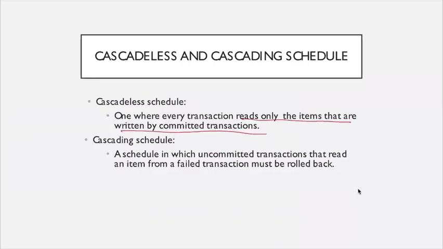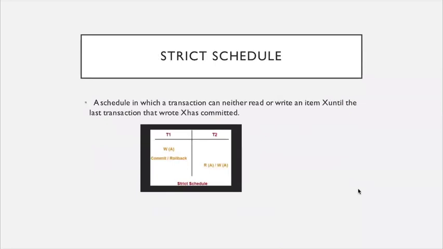We want cascadeless schedules. And finally, let us look at something which is known as a strict schedule. So first we had this hierarchy: recoverable and non-recoverable.